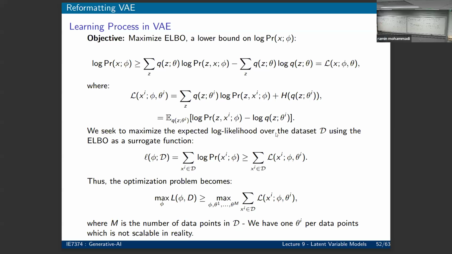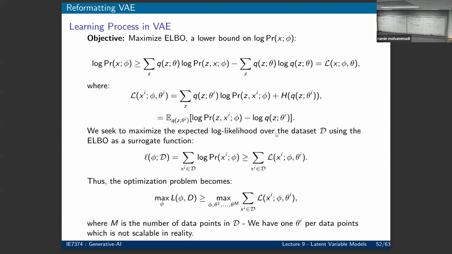So here, phi is fixed. Phi is the decoder, so the decoder parameter doesn't change with respect to different inputs. But the encoder, unfortunately here, the definition is that the encoder for every input has its own parameters. So that's why you see theta 1 through theta m.